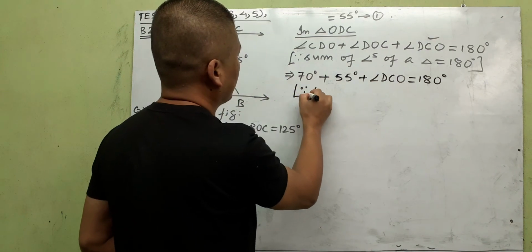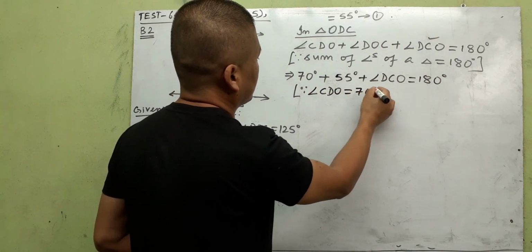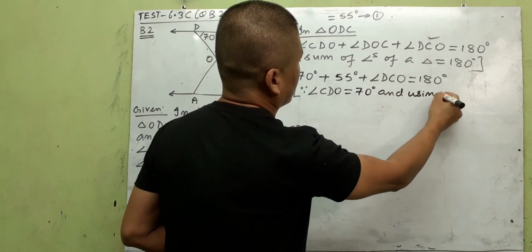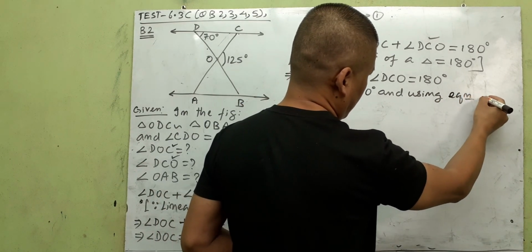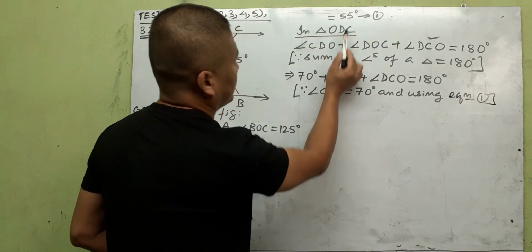Because we know angle CDO is given in the question as 70 degree, and using equation number 1, DOC equals 55 degree.